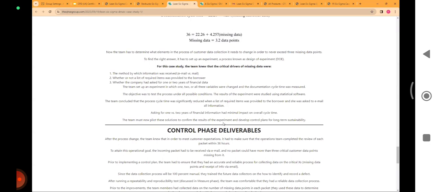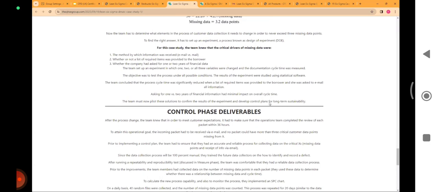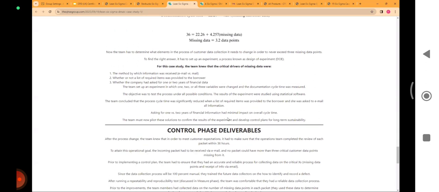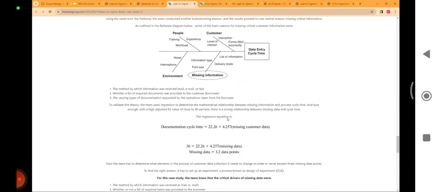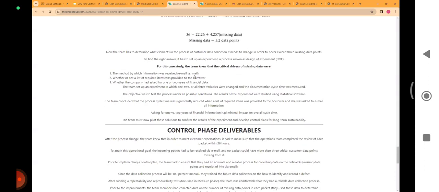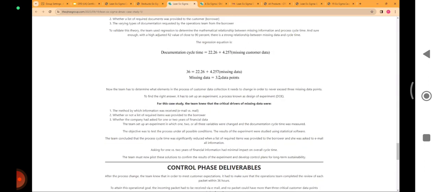So this is what they need to do, and to confirm the results of the experiments, they are going to develop control plans. That is what you're going to look at to determine which of these scenarios is going to result in reducing the missing data points.